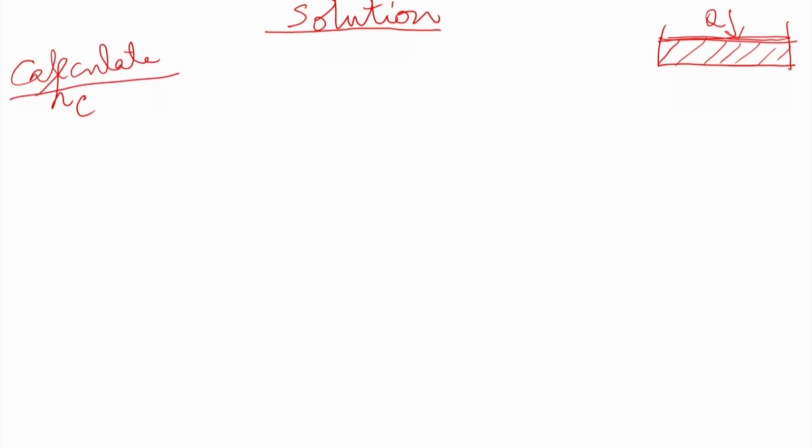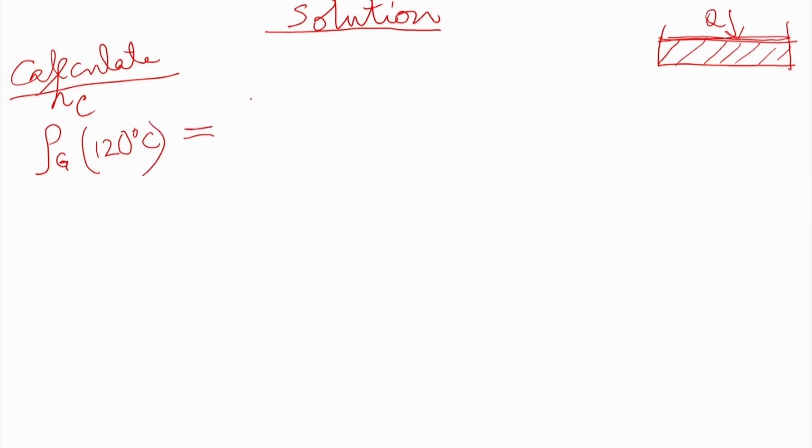For that we need to calculate the density of the drying air at 120 degree Celsius, because it is supplied at 120 degree Celsius.